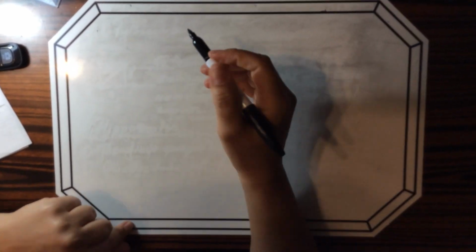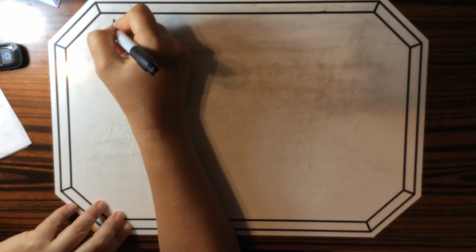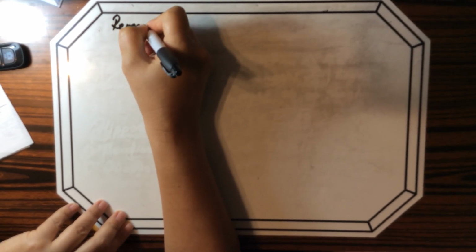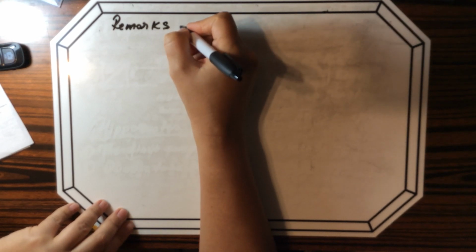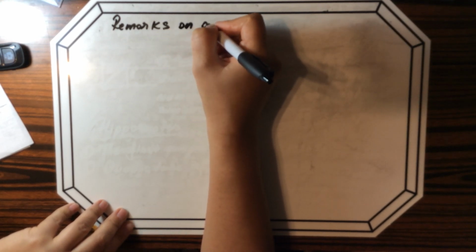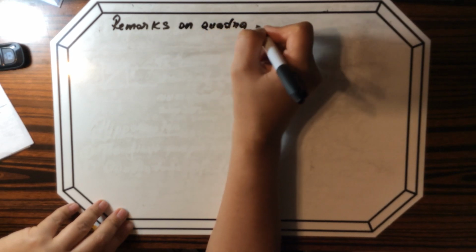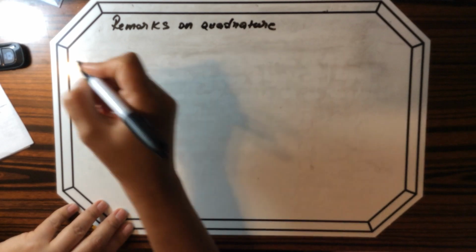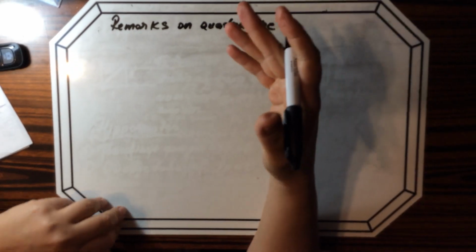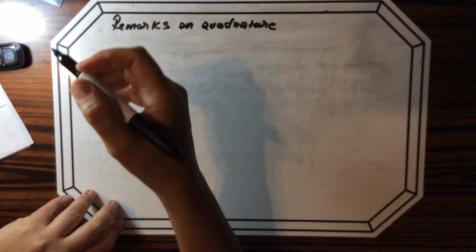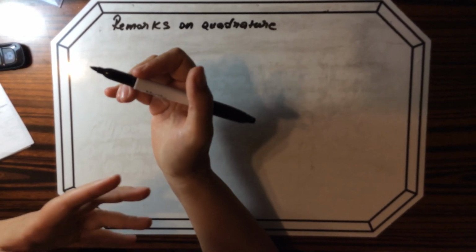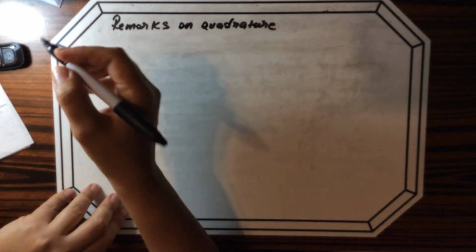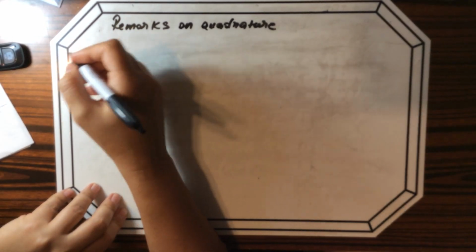So, remarks on quadrature. The quadrature actually means the squaring of some geometrical two-dimensional shape. What does that mean? Let me just write it here.